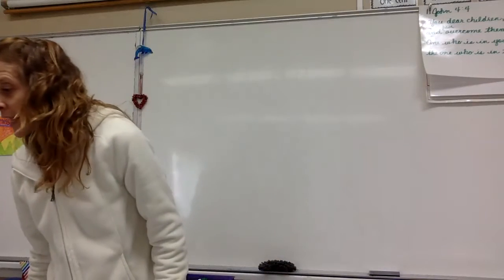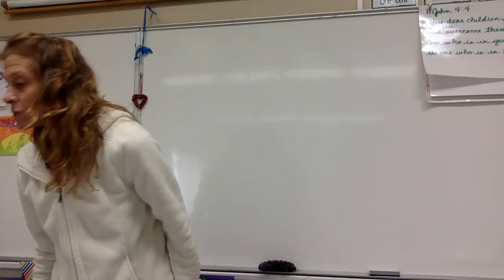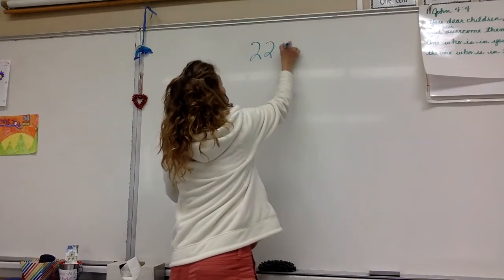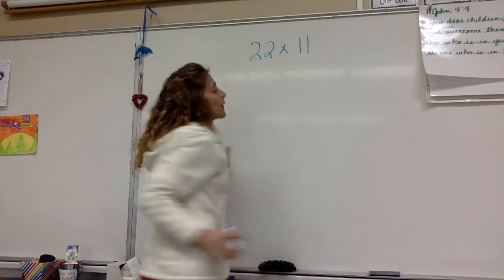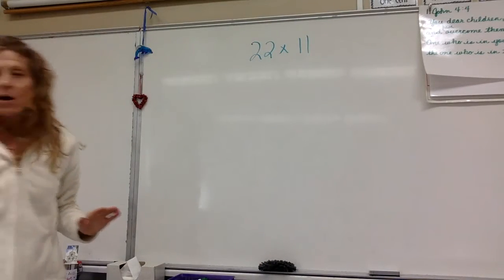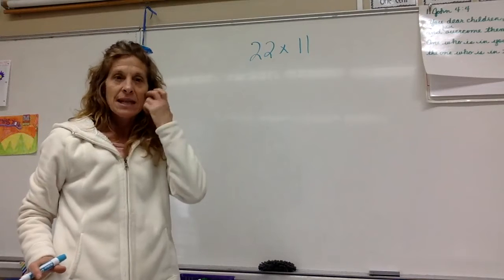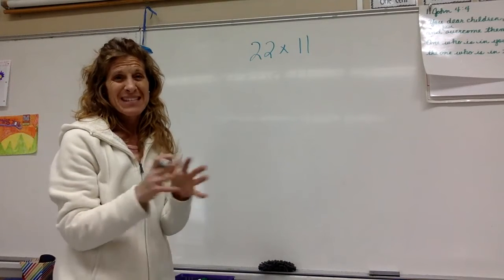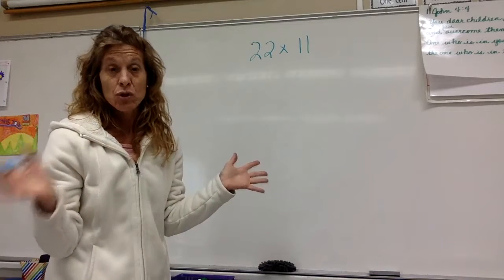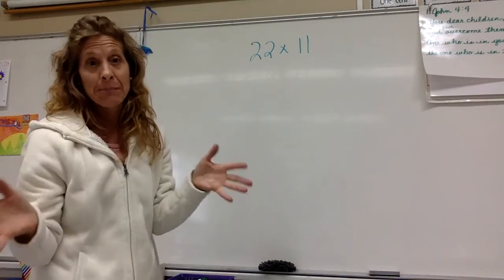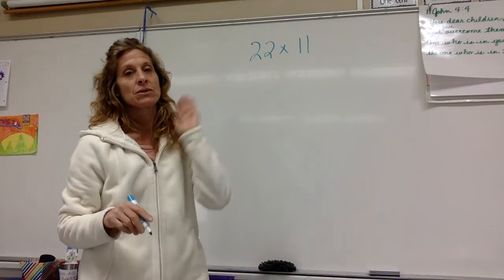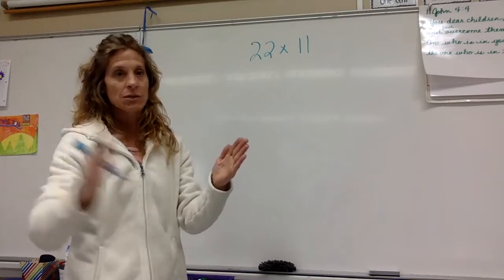Okay, the next one is 22 times 11. So they broke this down instead of doing 10 and 12 because that's just too many big numbers. So what they did with the 22 is they broke it into 20 plus 2.